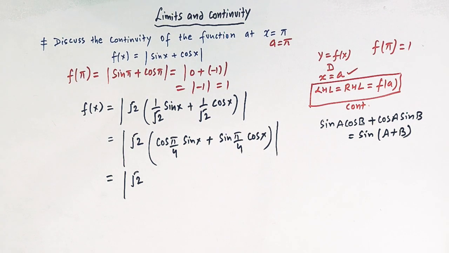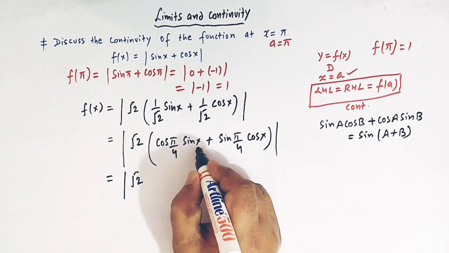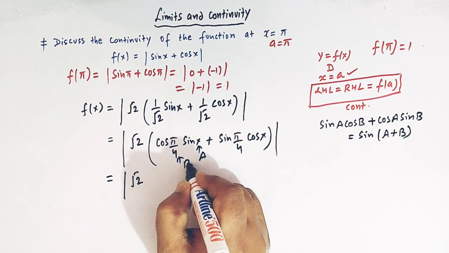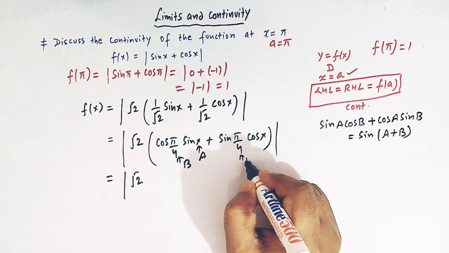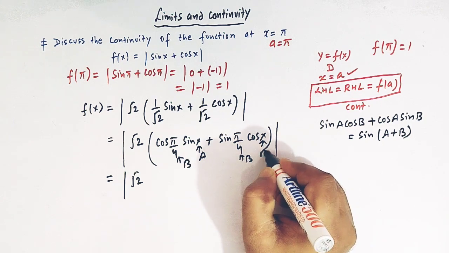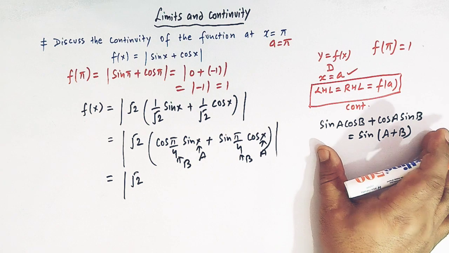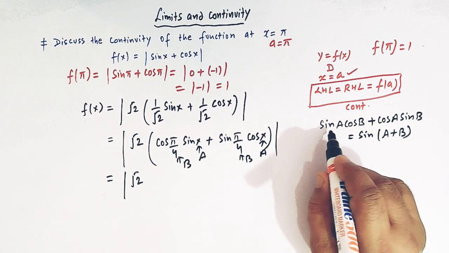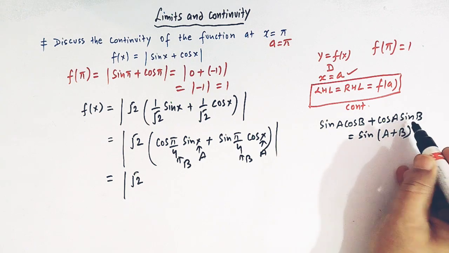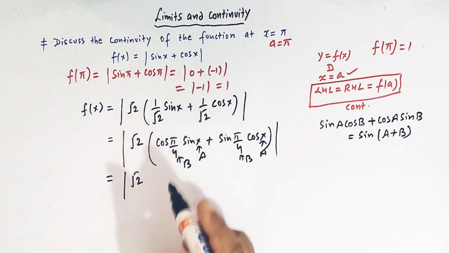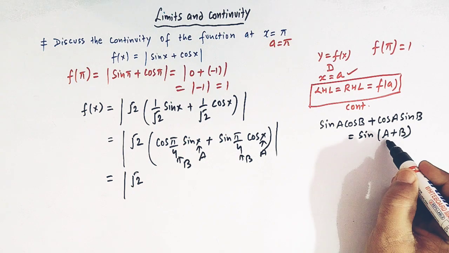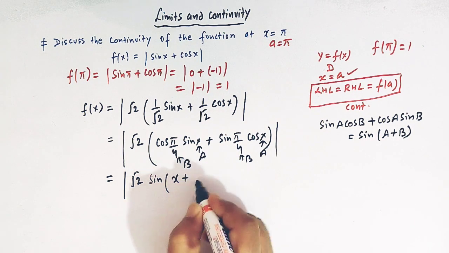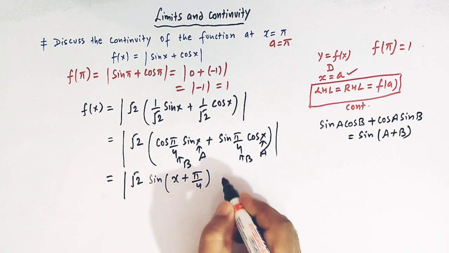Here we can take x as a and pi by 4 as b. So we have the well-known result from trigonometry: sine of a plus b is equal to sine a cos b plus cos a sine b. Now we can write this expression using this result as sine of x plus pi by 4.